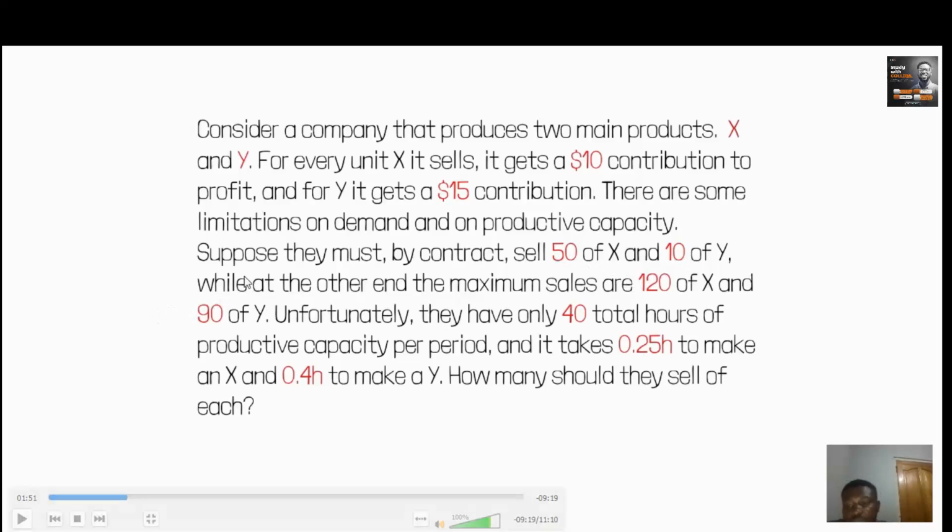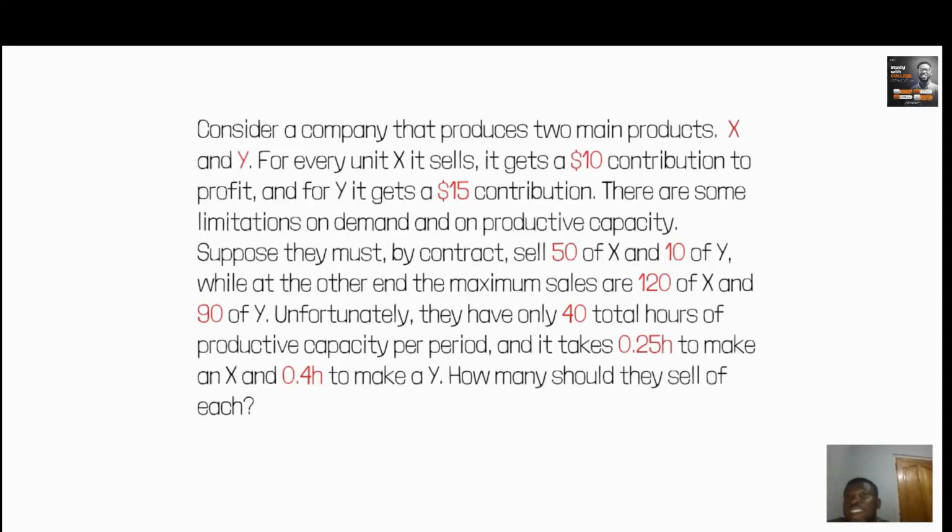Then let's proceed. At the other end the maximum sales are 120 of X and 90 of Y. So the maximum sales that you can achieve for X is 120. So either you sell 50 or more, but don't exceed 120.